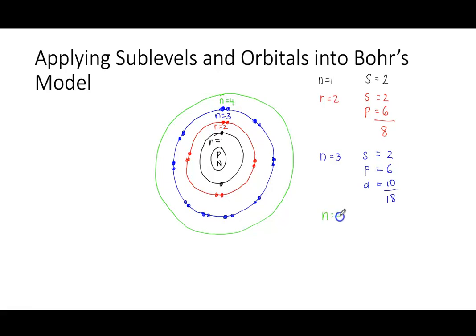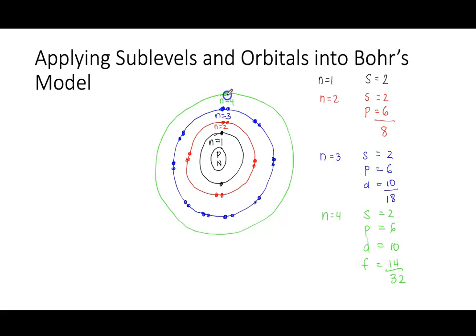So n equals 4 means you have 4 sub-levels, which are s, p, d, and f. That means you have 2, you have 6, you have 10, and you have, what's f? 14, okay? So that would give you a maximum of 32.